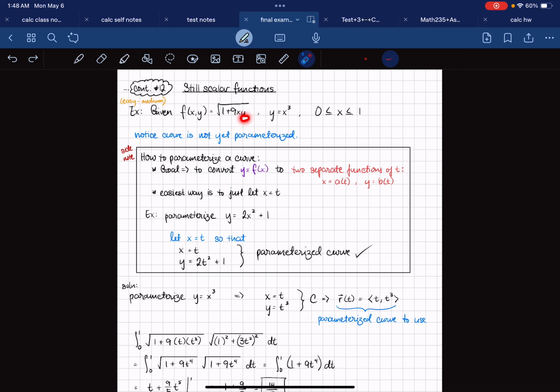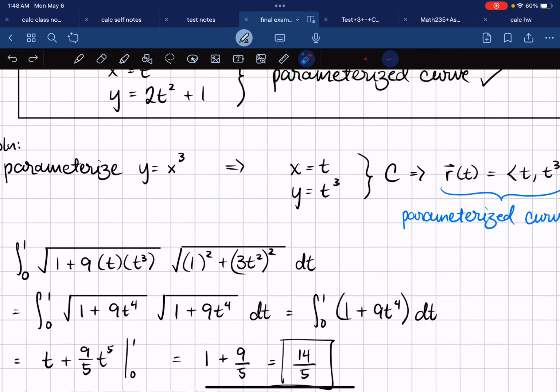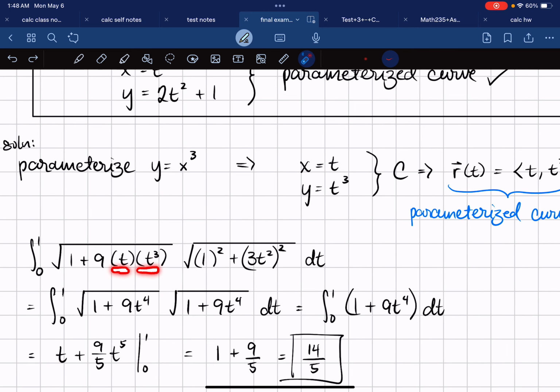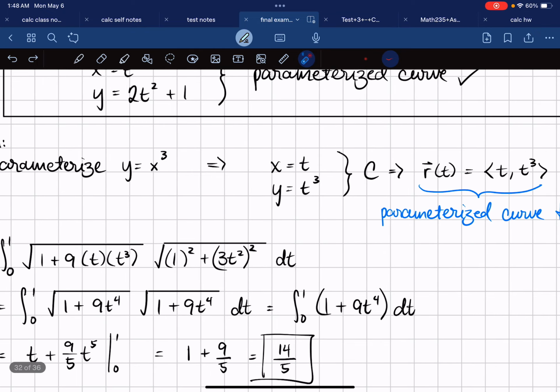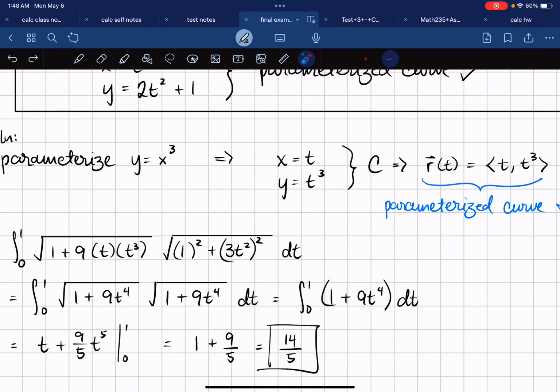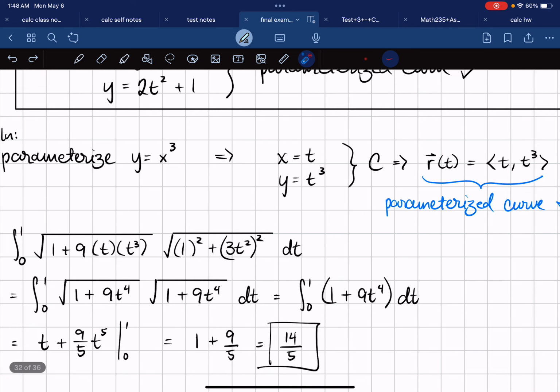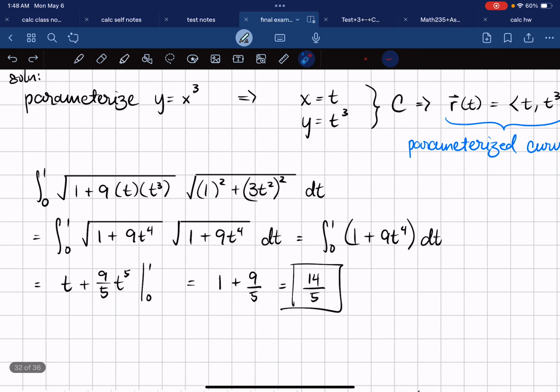And again, instead of x y, we want it to be with respect to t, so I substituted these values into there. And then the second portion again of our problem is just the derivatives squared, under a square root, and then dt. And then we solve as usual, and then we get our answer.